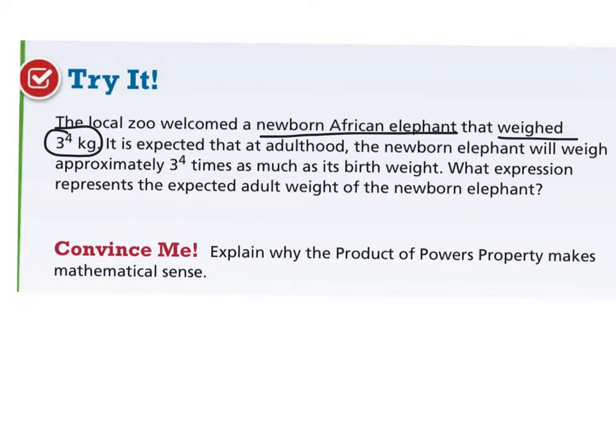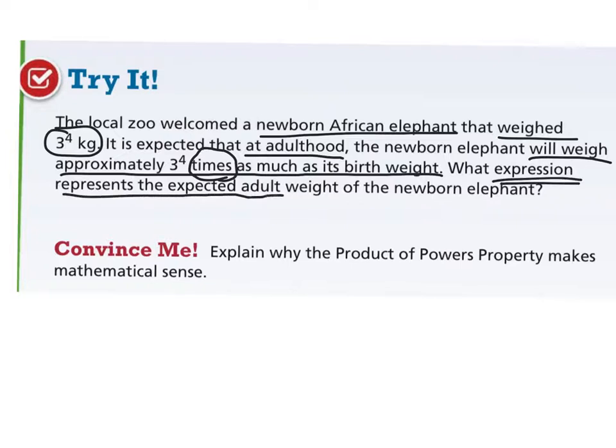It is expected that at adulthood, the newborn elephant will weigh approximately 3 to the 4th times as much as its birth weight. What expression represents the expected adult weight of the newborn elephant?